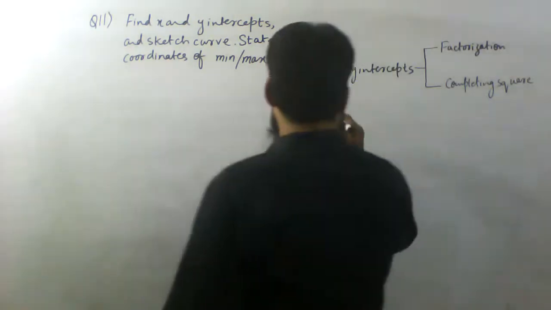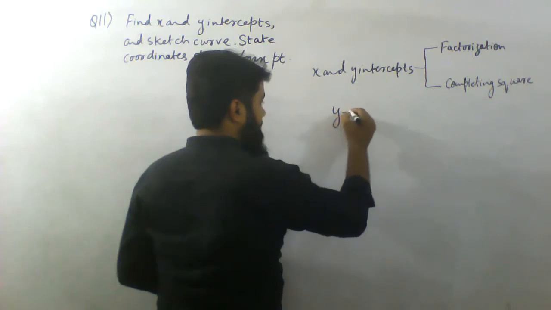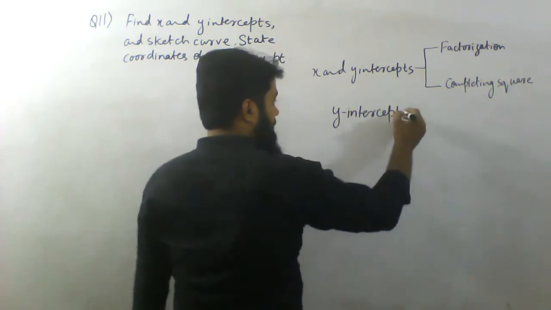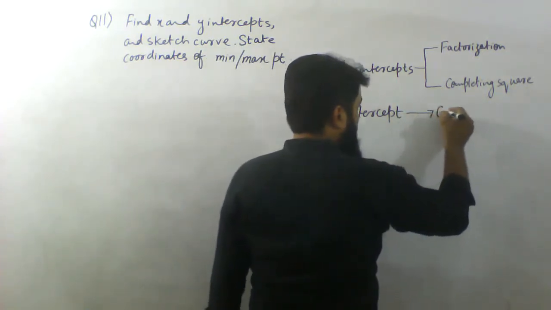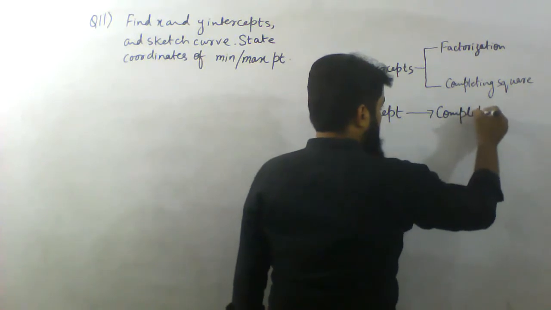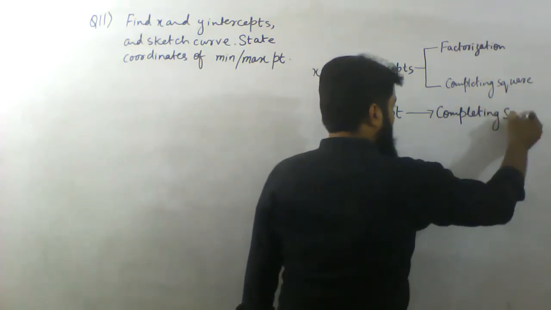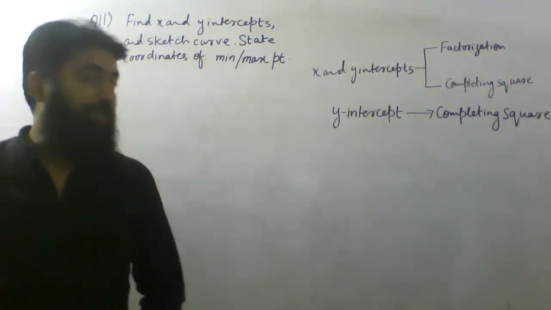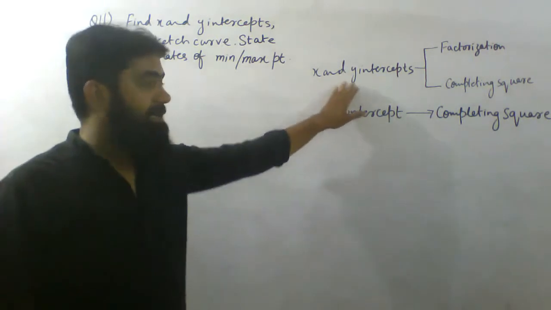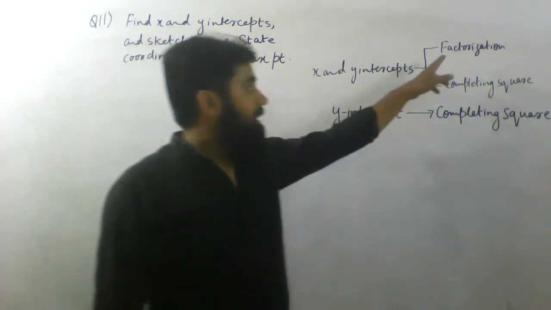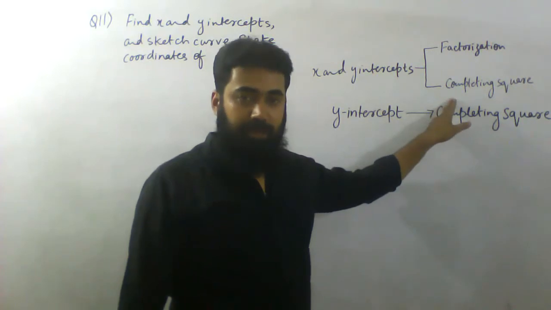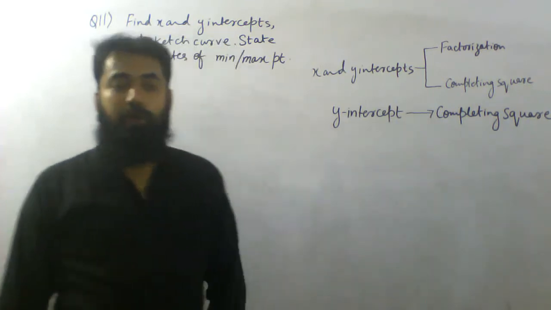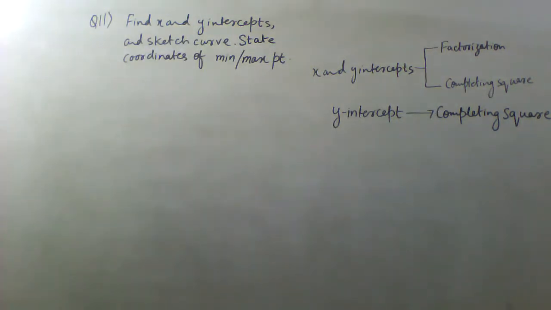But when they ask for only y-intercept, then better go with the completing square method only, because sometimes factorization will not be possible. So when they are asking for both x-intercept and y-intercept, you have a choice: you can use the factorization method or the completing square method. When they are asking for only y-intercept, then you will go for the completing square method.